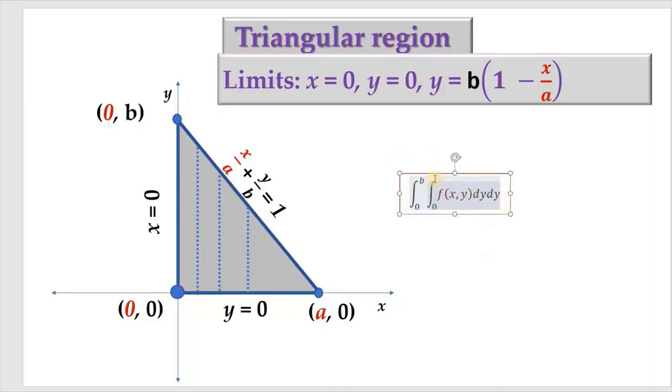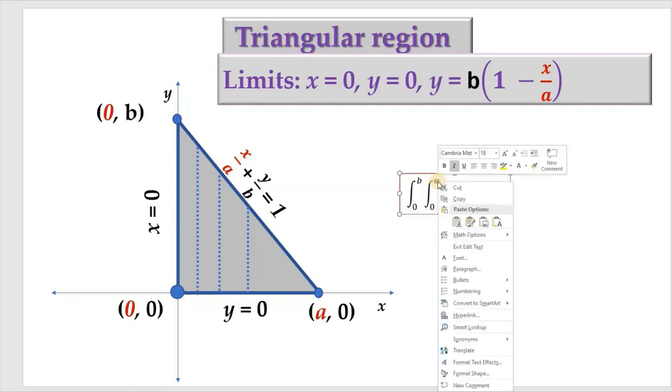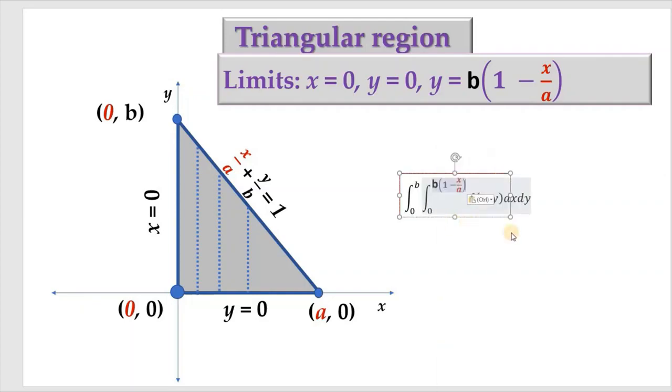So this limit is for your y. You will have to integrate first with respect to y, so y is equal to 0 to y is equal to b into this.